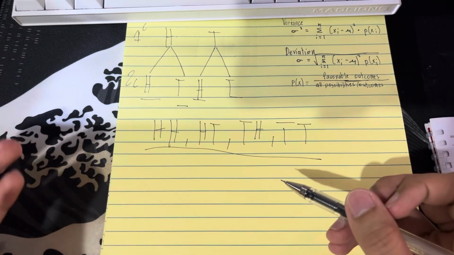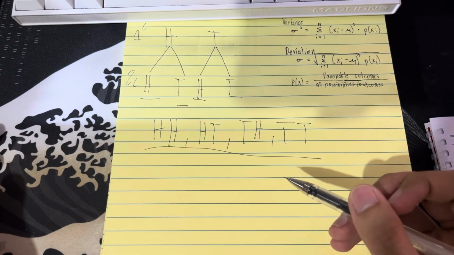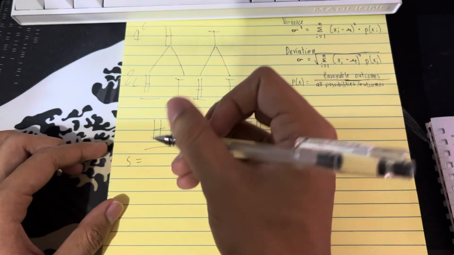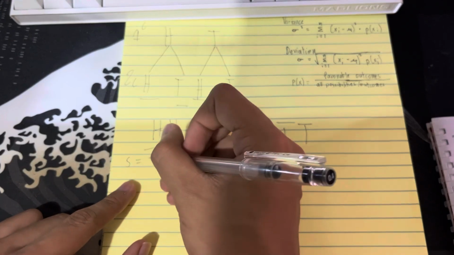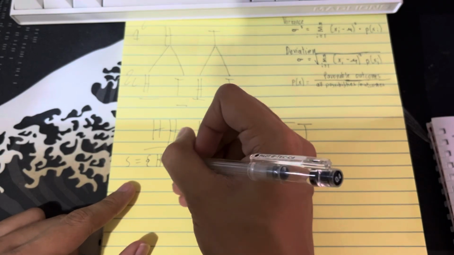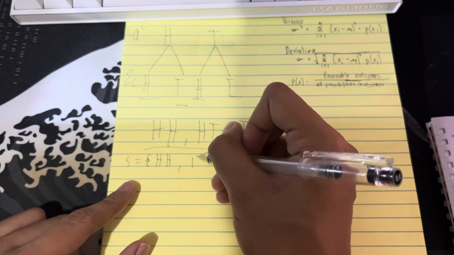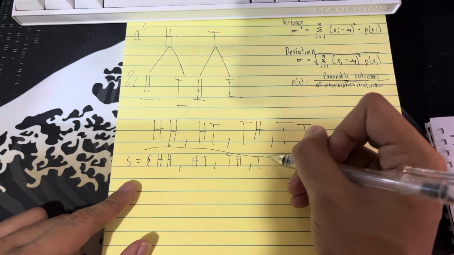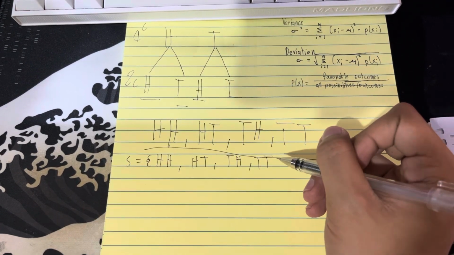Basically, it's a set of all your possible outcomes. So this is just denoted by S equals this, with a bracket: heads-heads, heads-tails, tails-heads, and tails-tails.